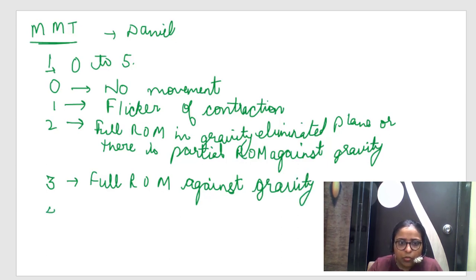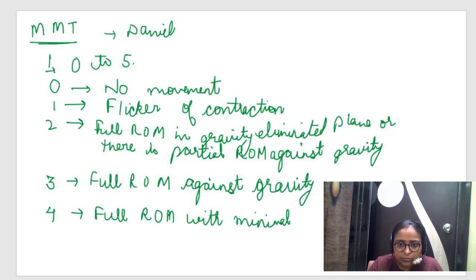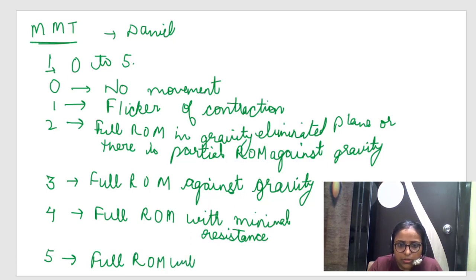And in the grade 4, if we talk about, there is again full range of motion with minimal resistance, right? And if we talk about the grade 5, that is your full range of motion with maximum resistance, right?